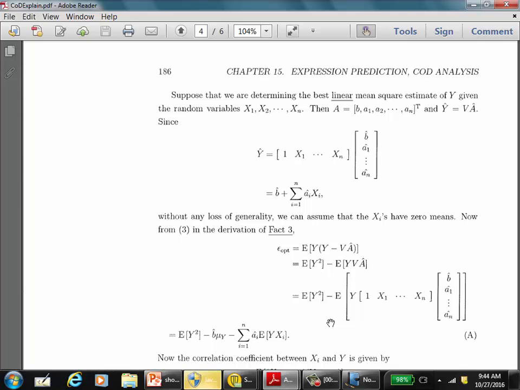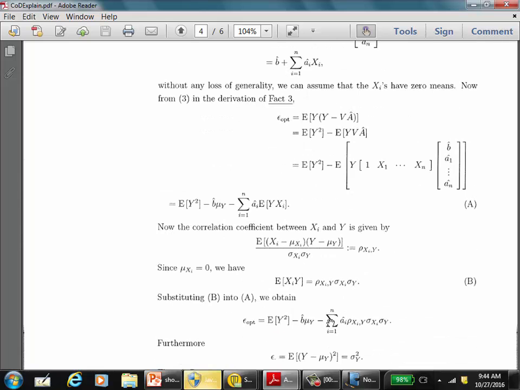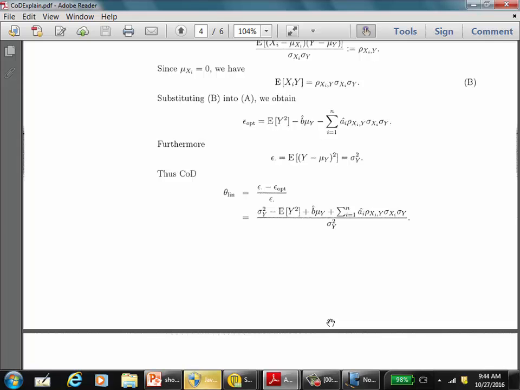Okay? And then here, from the previous derivation, you can calculate the error of the best predictor. That's given by this expression, and you plug in all these quantities here, you come up with this expression. Then here I'm just filling in the steps. And then you do the computation, and all the steps are spelled out here, and you find out that the COD corresponding to that linear predictor is given by this expression here.